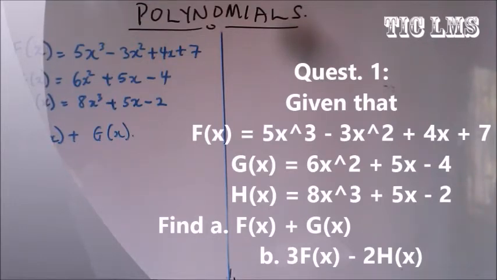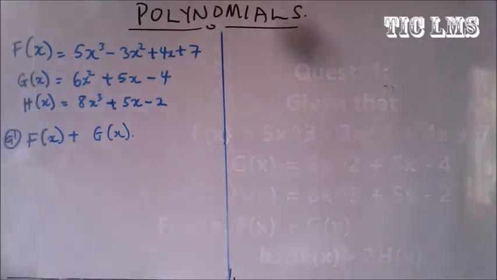Find a, f(x) plus g(x), and b, 3f(x) minus 2h(x). So in this question, in order to solve it, we could solve it with two methods, but I will go straight to a very easy method.